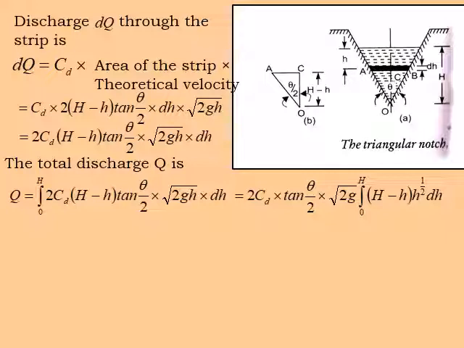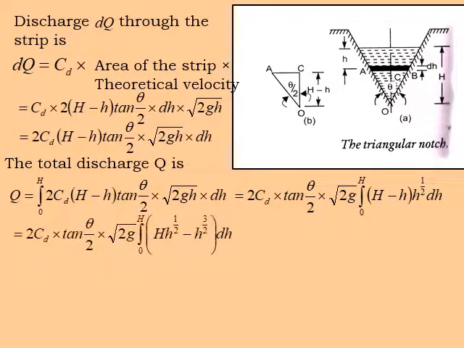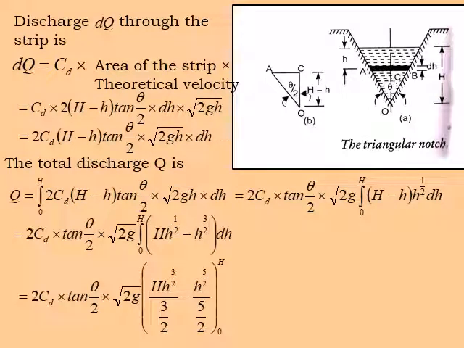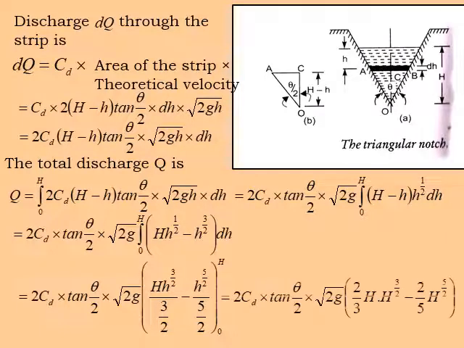Then only (H minus h) into square root of h, that is h power half, into dh is integrated from 0 to H. After integrating the terms, we get Q equals 2 into Cd into tan theta by 2 into square root of 2g into [2 by 3 H into H power 3 by 2 minus 2 by 5 into H power 5 by 2].